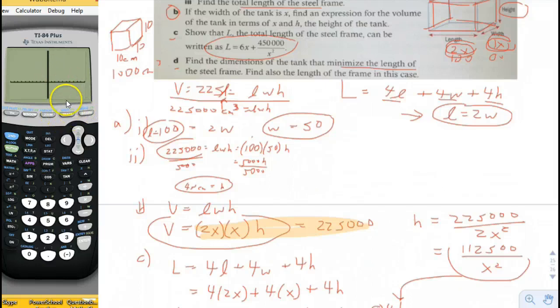And we can't see anything here, so we need to maybe zoom fit. Okay, a little hard to see still. I'm going to change x min to like negative 1,000, and then I'm going to change y max to positive 1,000. Now let's graph.